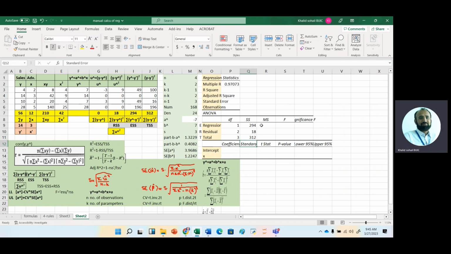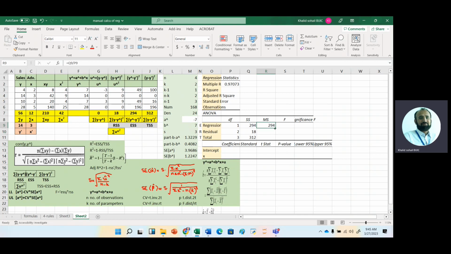Now, then we have mean sum of squares, which means we have ESS average, then RSS average, and TSS average. So we divide these squared deviations by their respective degrees of freedom.